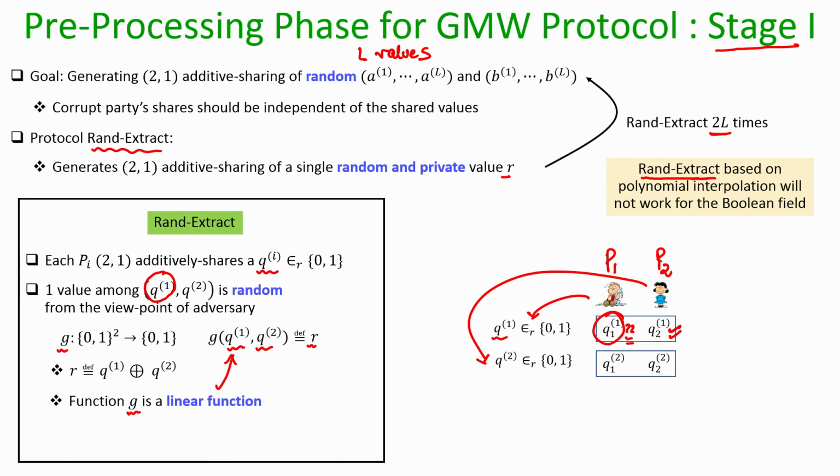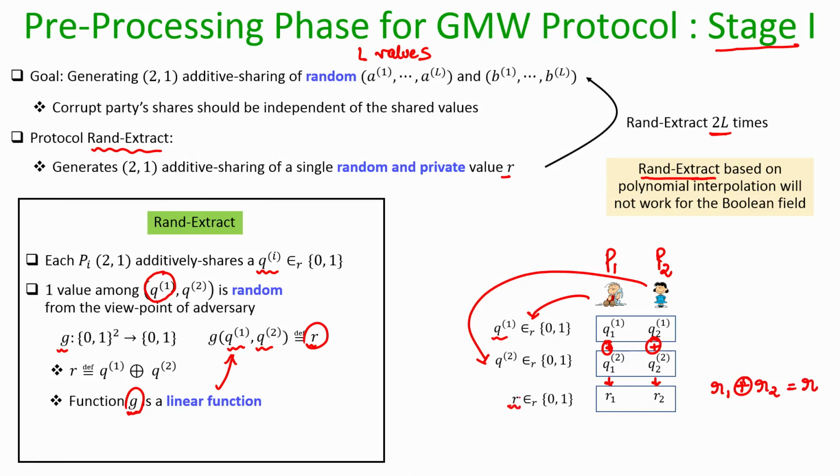Now, if I ask the parties to apply the linear function on their shares of Q1 and Q2, they end up obtaining the shares of the output R. That means, if each party just locally performs an XOR of their shares of Q1 and Q2, that will help them to obtain shares of the R value, and now I can say that the XOR of R1 and R2 is nothing but R.